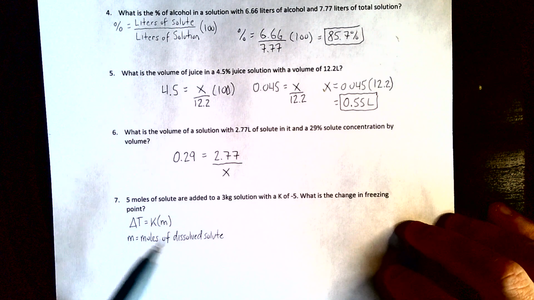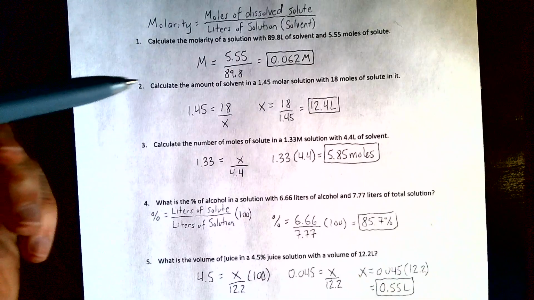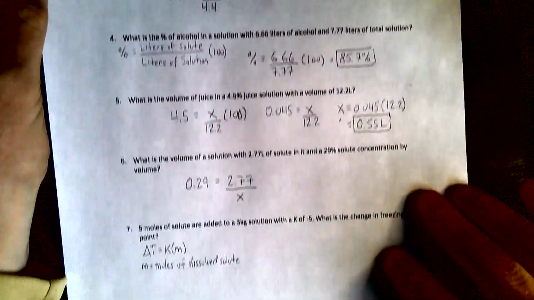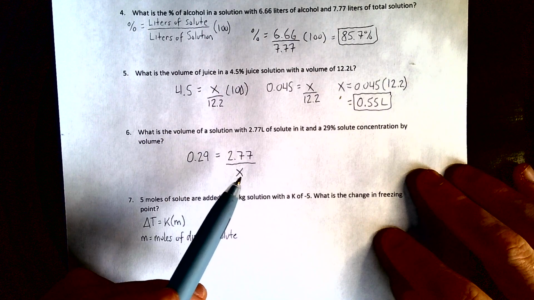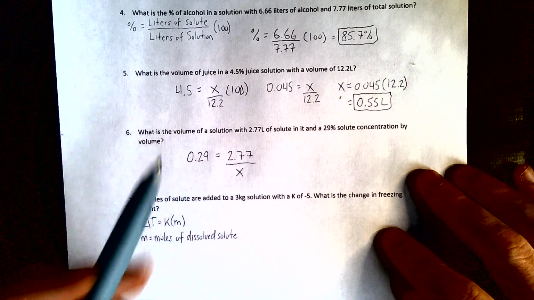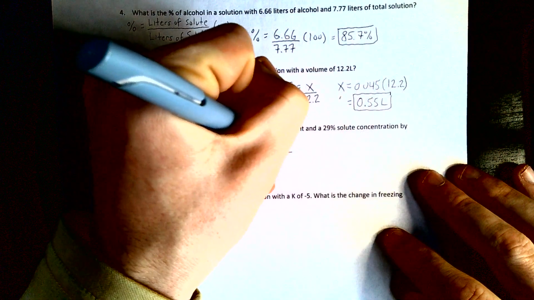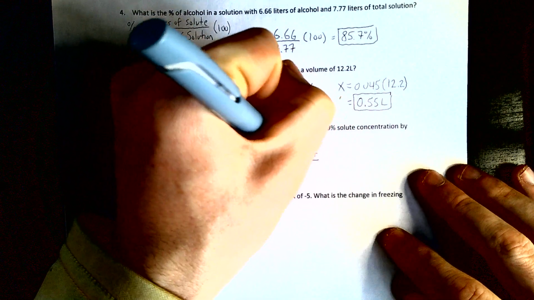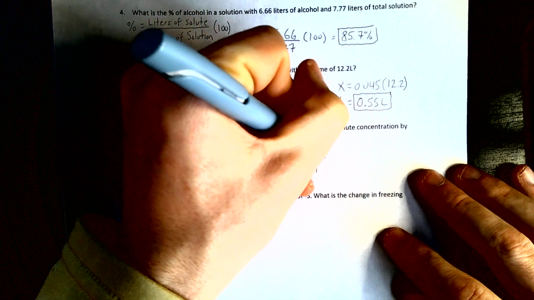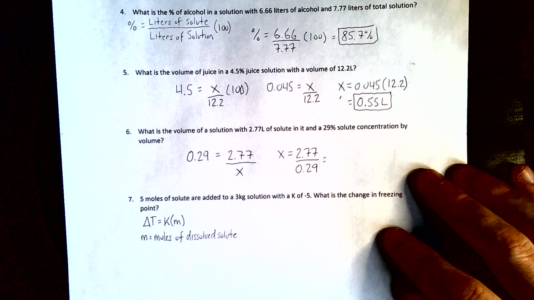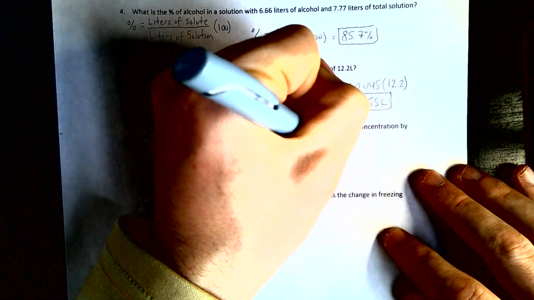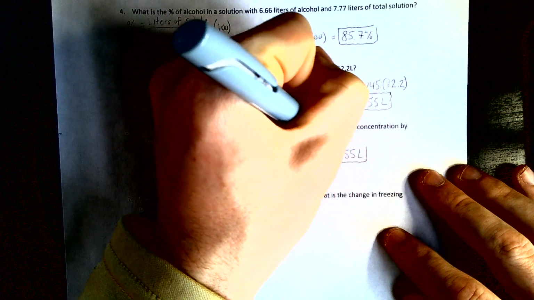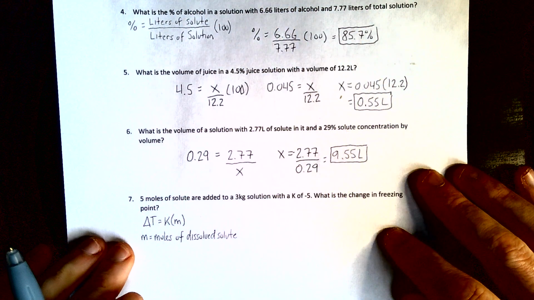From here, we're going to do something similar to what we did in question 2. We're going to multiply by x and divide by 0.29. This gets us 9.55 liters of total solution.